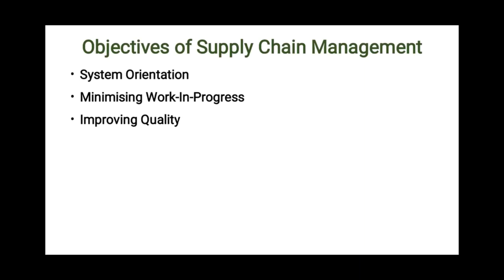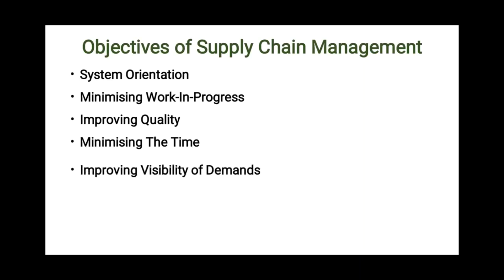Our next objective of SCM is minimizing the time. SCM aims to reduce the time required for converting orders into cash. So there is minimum time lag and increase in the productivity of the organization.